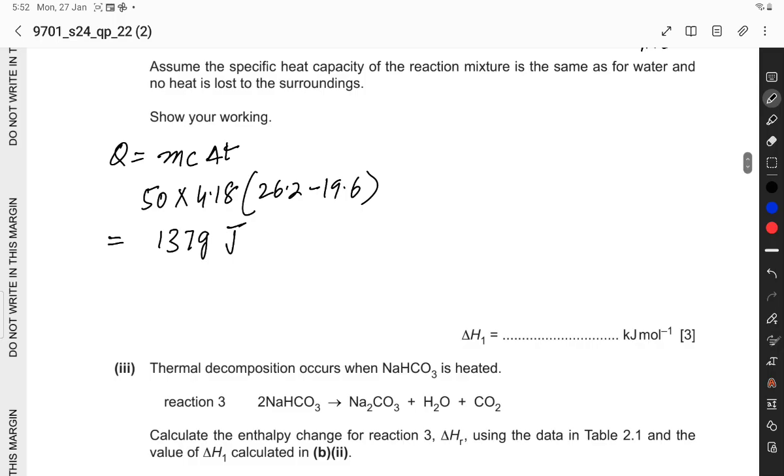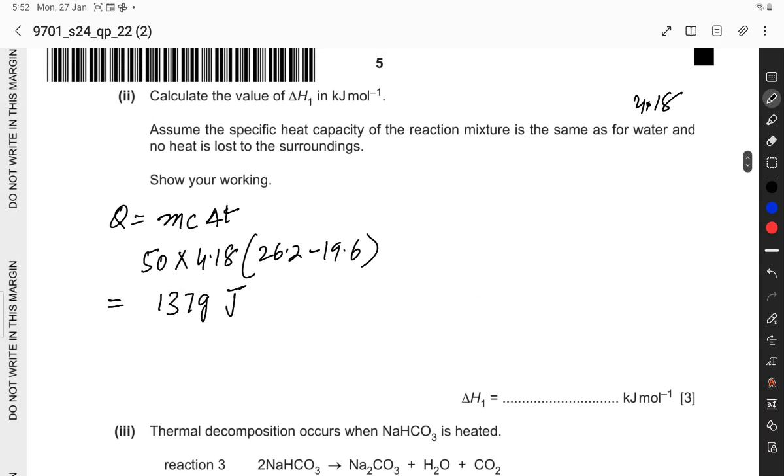So we have delta H, the enthalpy change of reaction, and the unit of enthalpy change is kilojoule per mole.